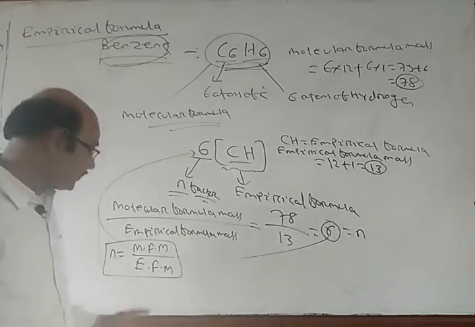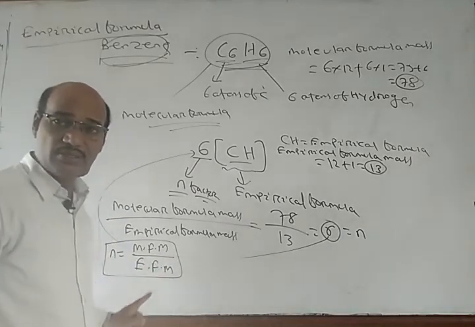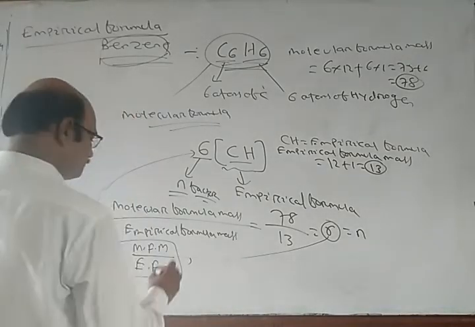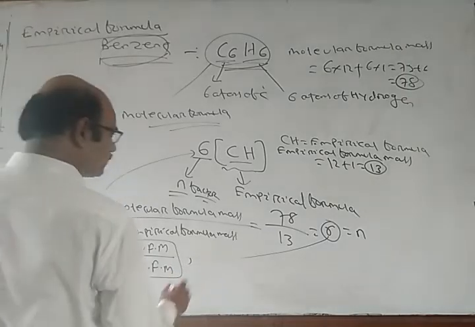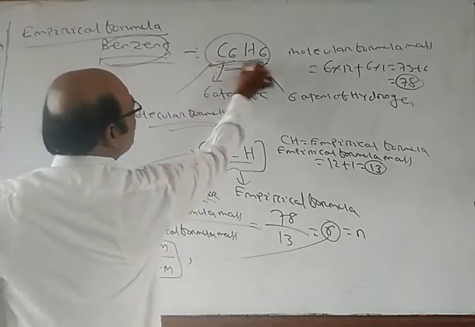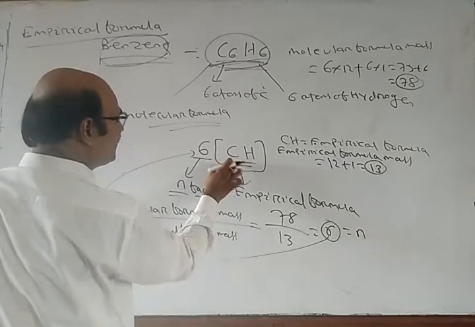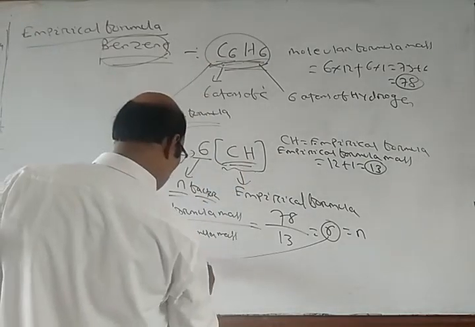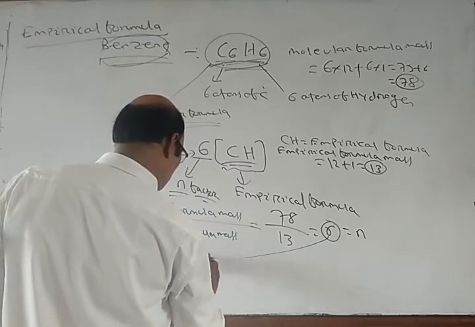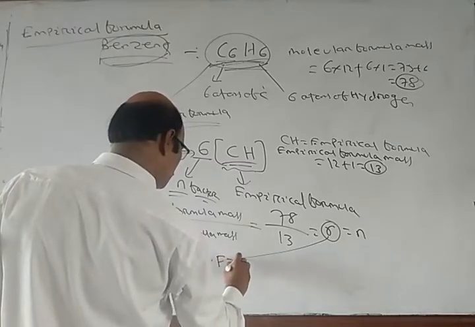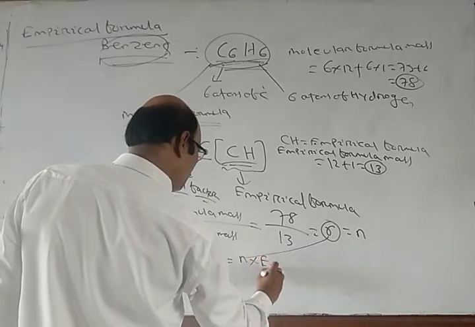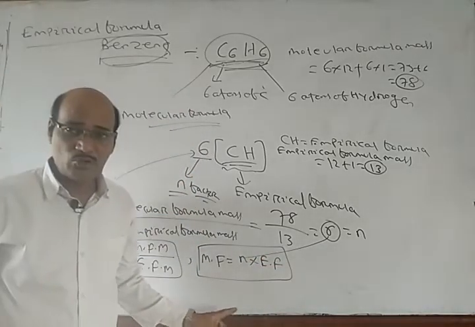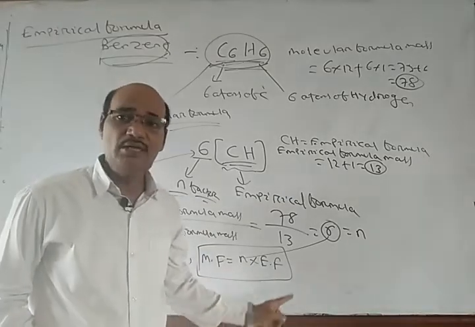Now this is the molecular formula, this is the empirical formula. So empirical formula into n equals molecular formula. So I can write that the molecular formula is equal to n into empirical formula.